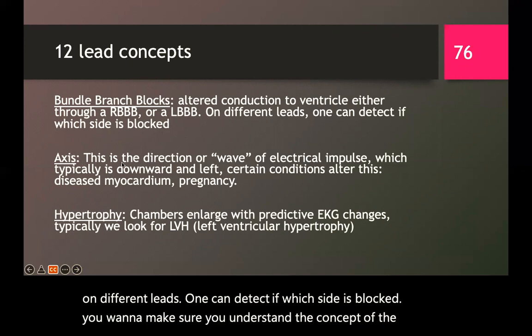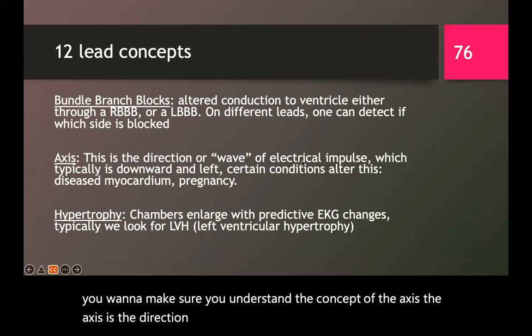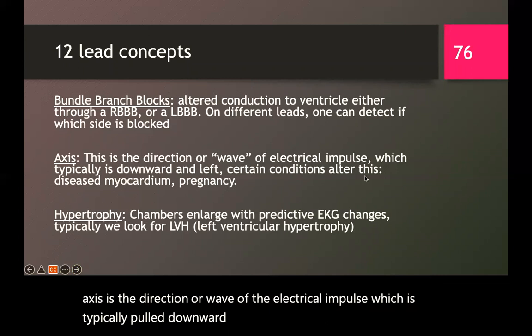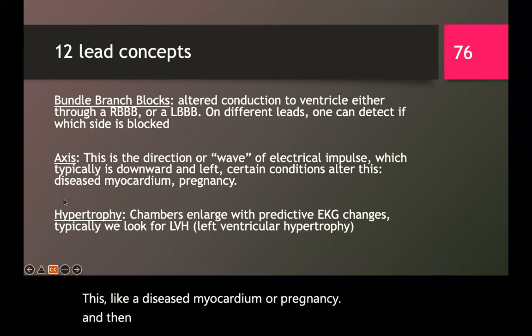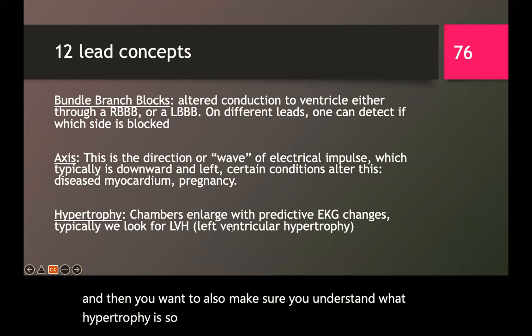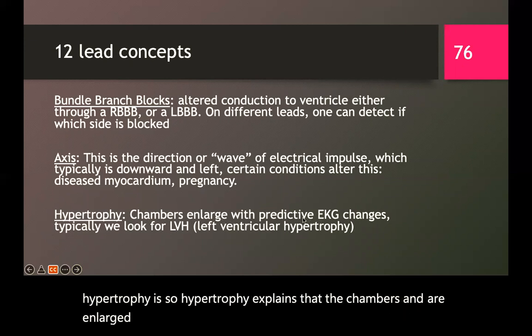The axis is the direction or wave of the electrical impulse, which is typically pulled downward and left, and certain conditions alter this, like a diseased myocardium or pregnancy. And then you want to also make sure you understand what hypertrophy is. So hypertrophy explains that the chambers are enlarged with predictive EKG changes, and typically we're looking for left ventricular hypertrophy.